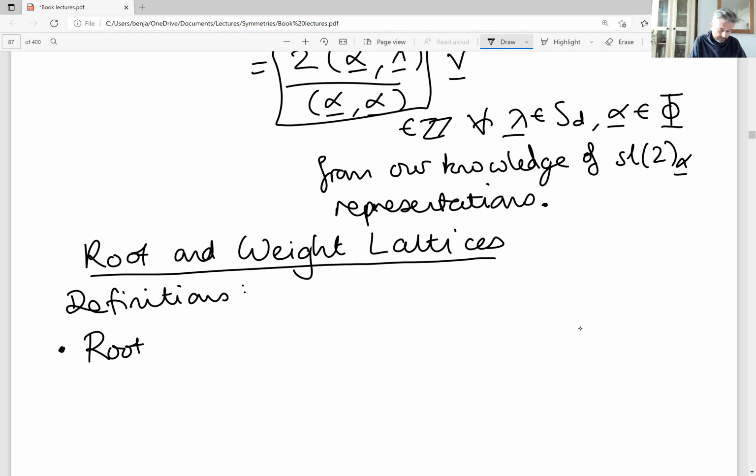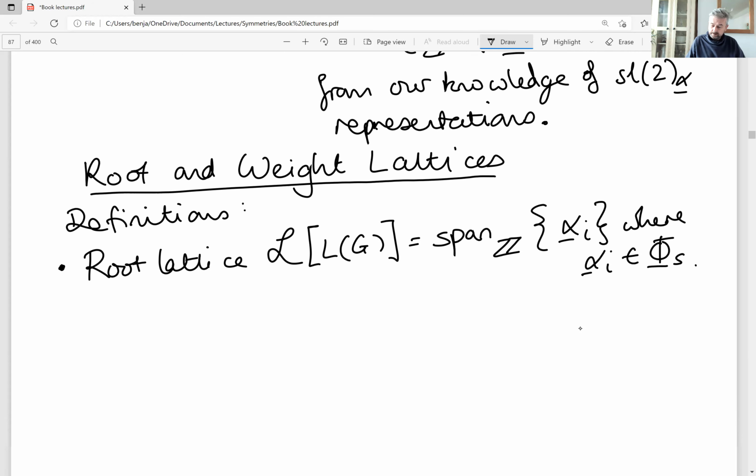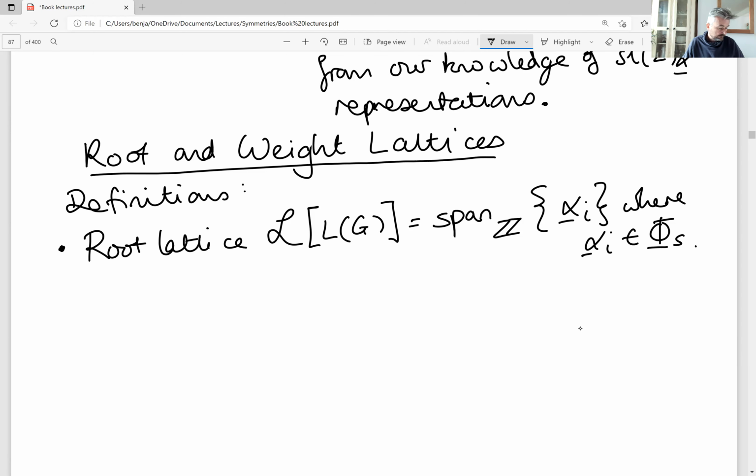So a root lattice of a Lie algebra, we're going to write as curly L of the Lie algebra. This is just the span over the integers of the simple roots.